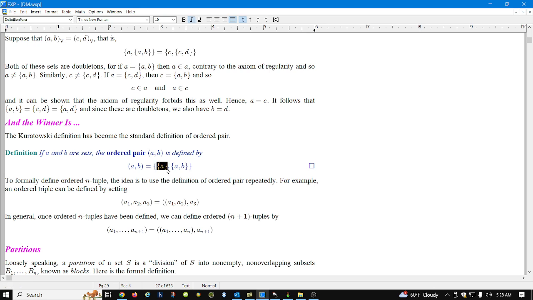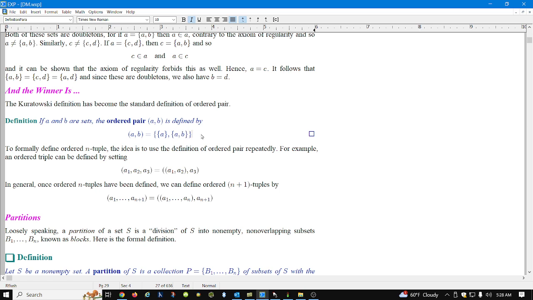It's the singleton set containing the first component together with the doubleton set containing both components. So it should be pretty clear that you can distinguish the first and second components. The singleton set tells you the first component, and then the doubleton set, by elimination of the first component, gives you the second component. So that's a nice, neat definition.